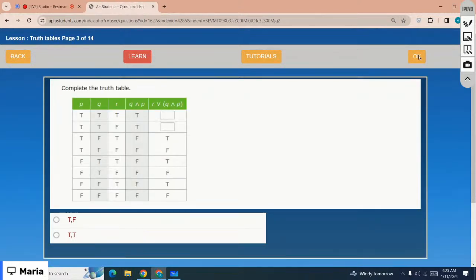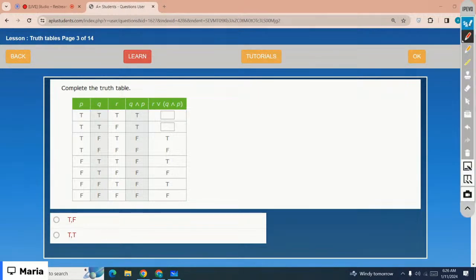Complete the truth table, right? Just look at this one. Q and P, you have the column here, and you have R. Between these columns, you have to do or, right? True, true, that is true.